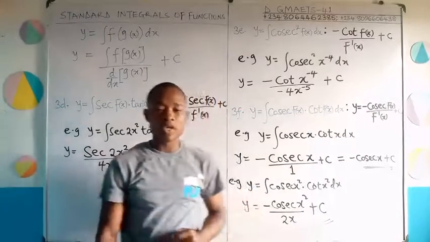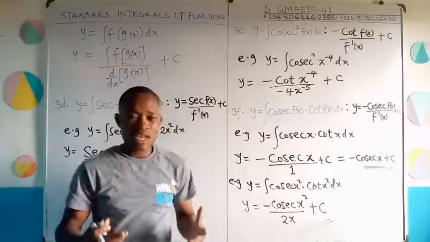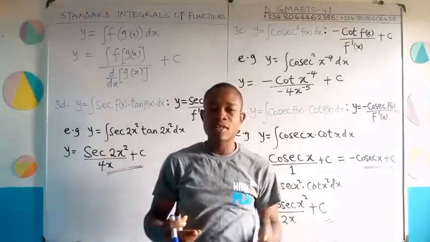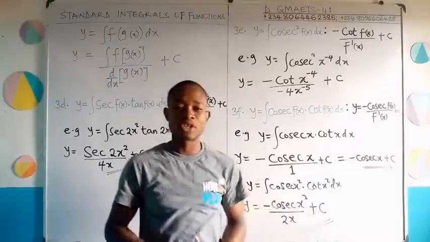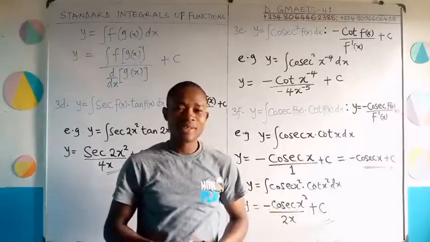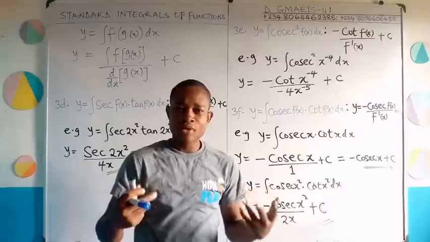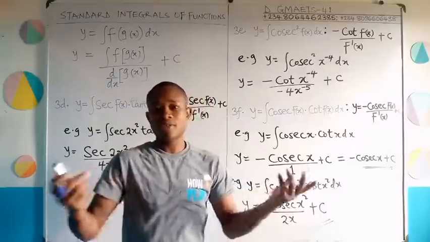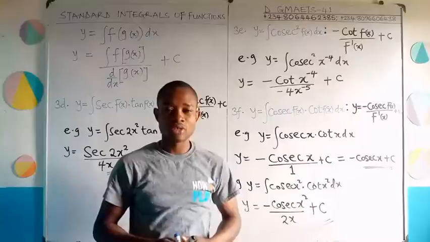Before we move on to other functions, I would like to quickly say this. Did you take note that we did not consider the standard integral of tan f of x, that is tan of a function? Did you ask yourself why I neglected it, or why I didn't talk about the standard integral of tan of a function?